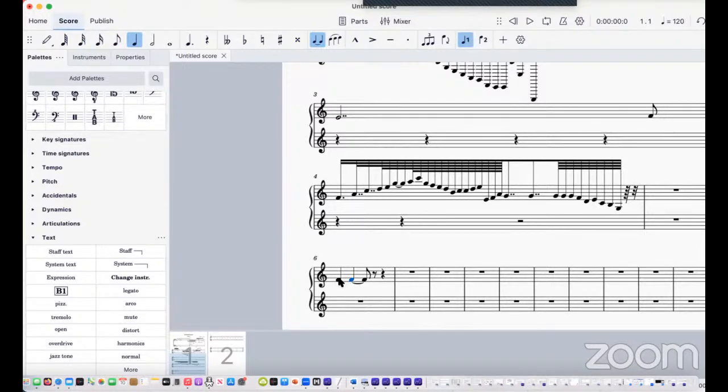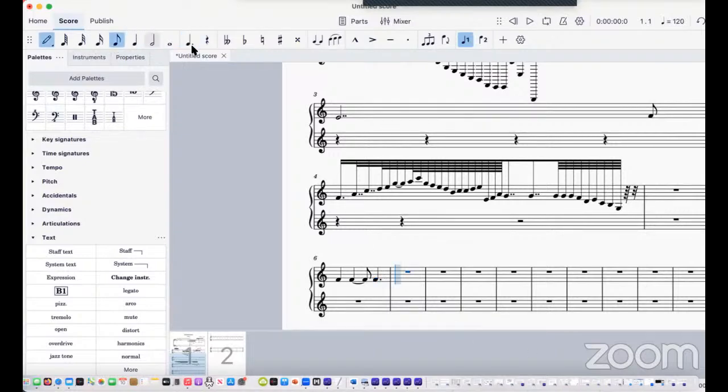So the duration of the quarter note with the dot, let me write it here. So it's translated like that. It's a quarter note tied with the eighth note. That eighth note is the dot here.